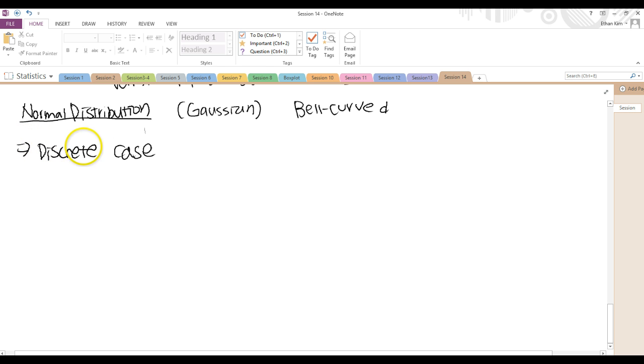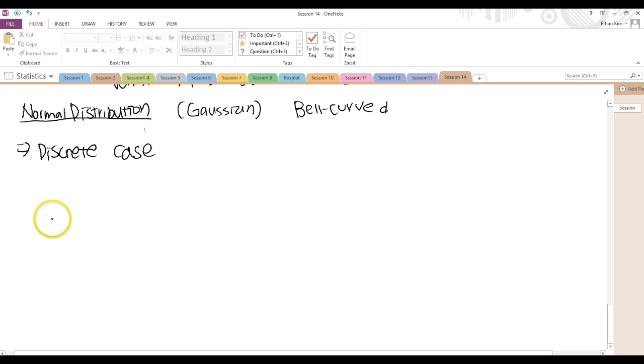For binomial, it was either x equals 0, 1, 2, 3, 4. It was never 1.4 or 1.44445, something like that. But normal distribution is continuous, meaning that when we're drawing a graph, it's going to look smooth. So it's going to be a line curve instead of a histogram.